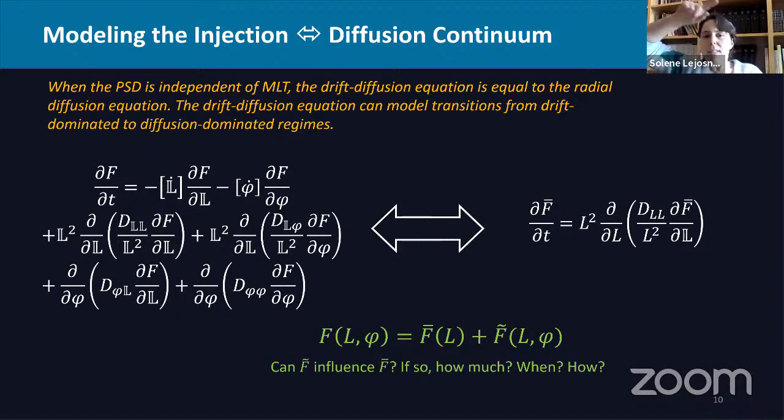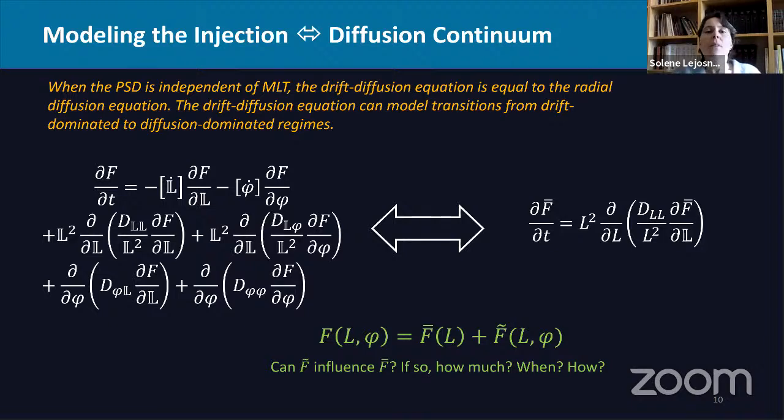The bar that I put on the F means magnetic local time average. I can always mathematically decompose my distribution function into F bar, the average over the whole magnetic local time that does not depend on magnetic local time, and F tilde, the difference between the two, which characterizes how the distribution function depends on magnetic local time.